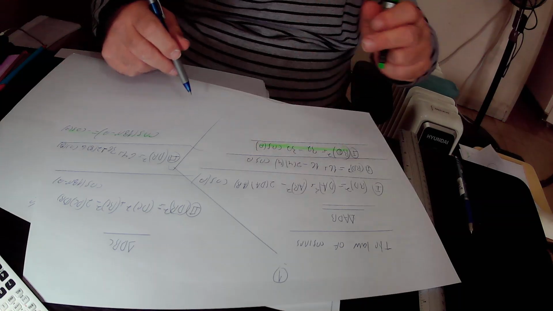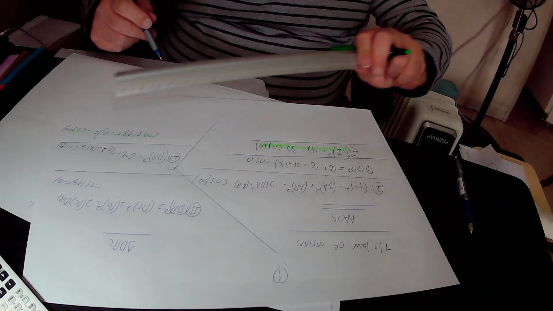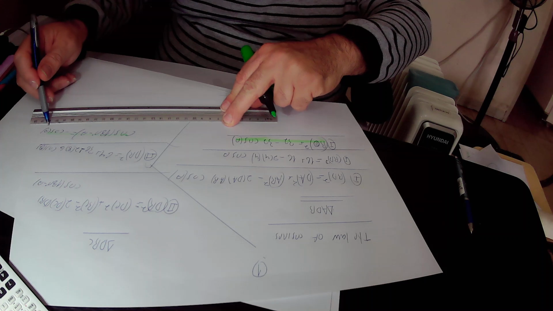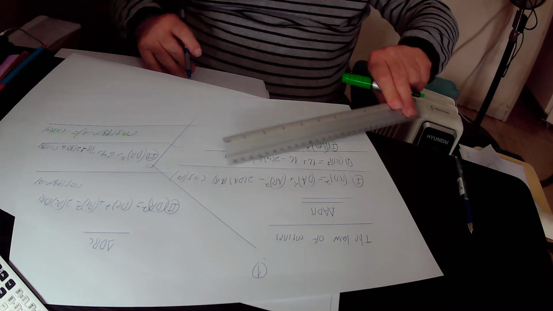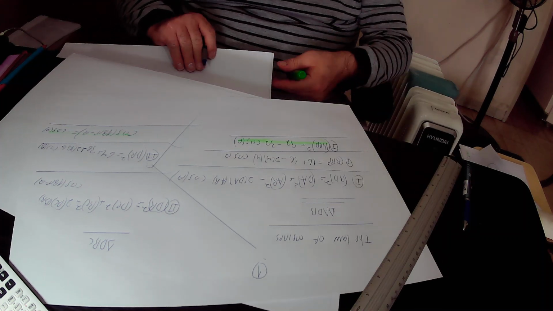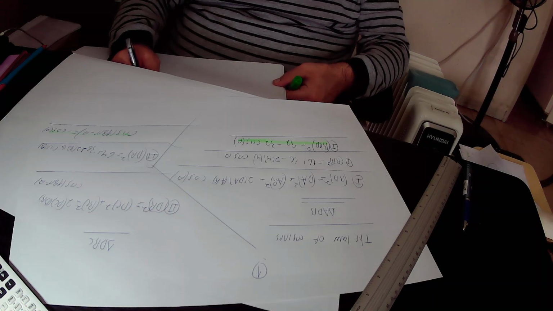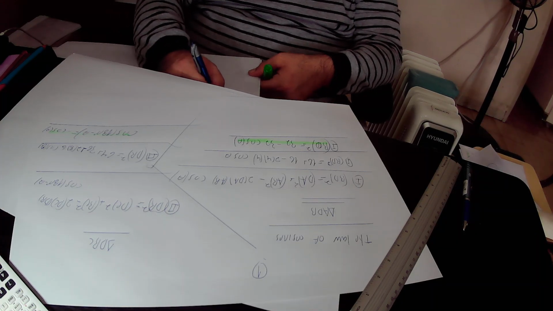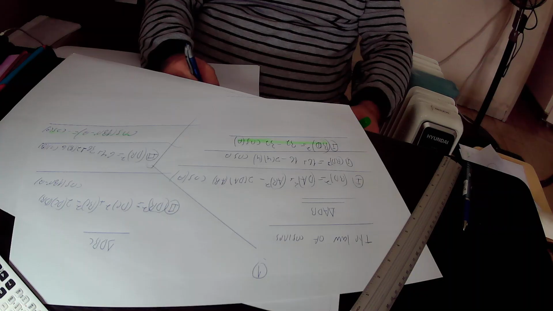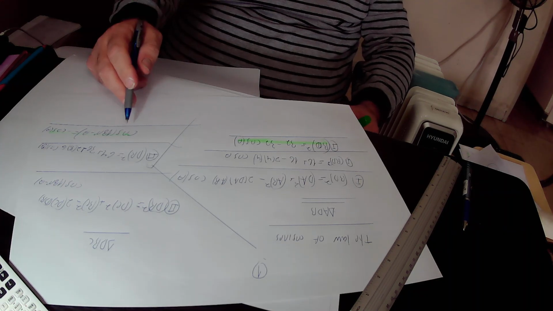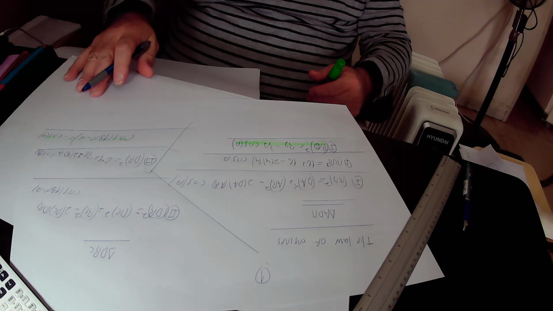So according to equation 2, DB square equals to 64 plus 36 is 100.